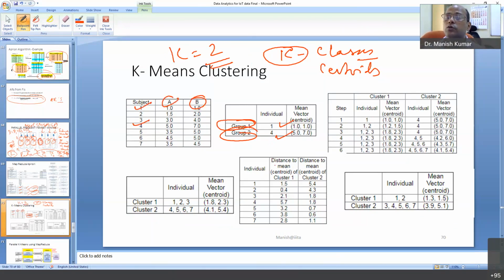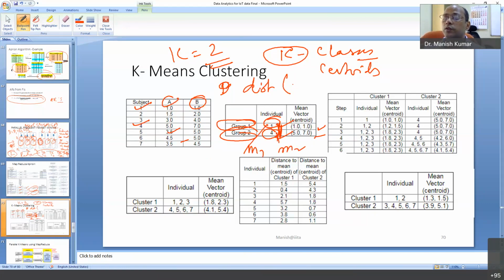There are two features involved, A and B. So this is my first centroid. Then what we do is that each of these data points will be compared, the distance between these data points and these two means, and the closer will win. So we calculate the distance of, say, this is my M1 and this is my M2.